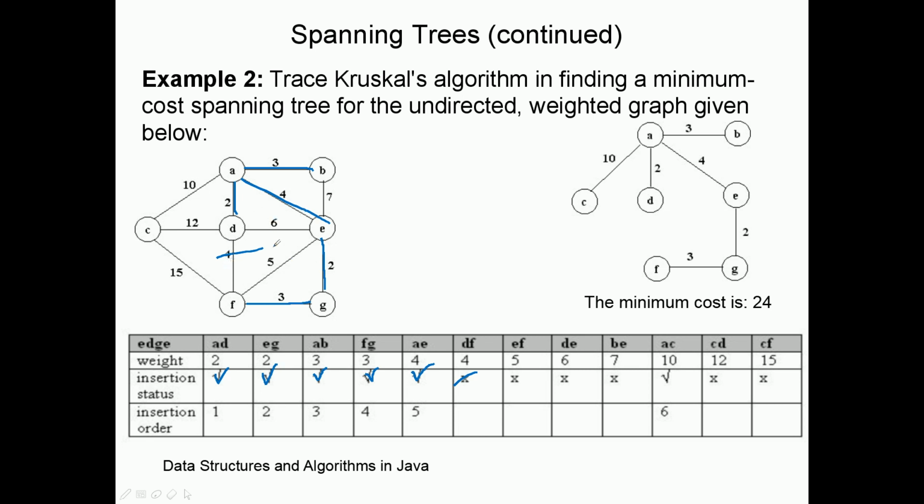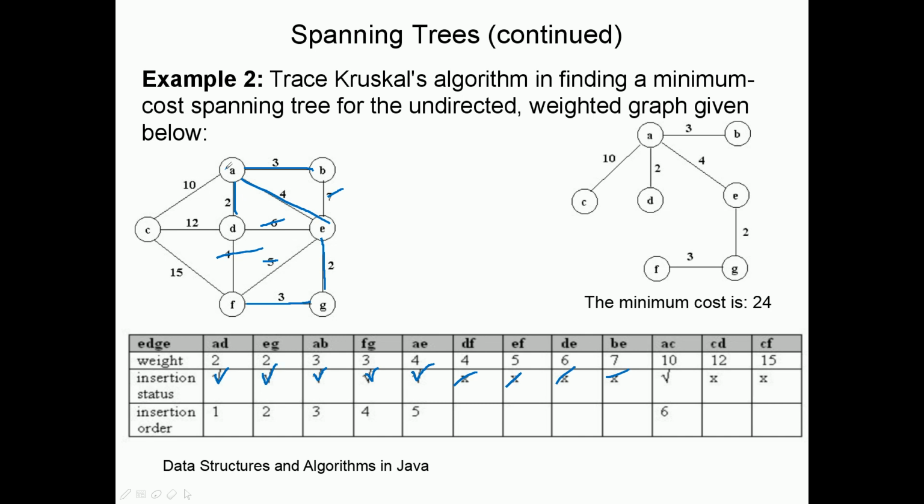Now after 4, it's 5. It's EF. EF is going to create a cycle, so I'm not going to add it. And then after the 5, there's the 6, which is DE, not going to be added because it creates a cycle. And then what is remaining? 7, BE, which is the same thing. So DE no, BE no. And then we have the 10.